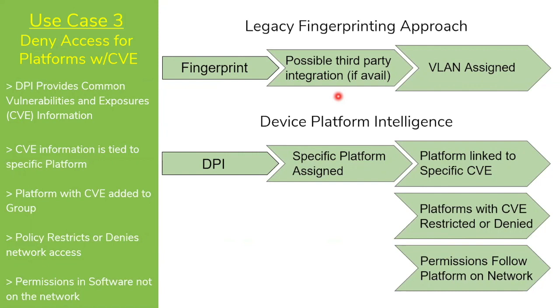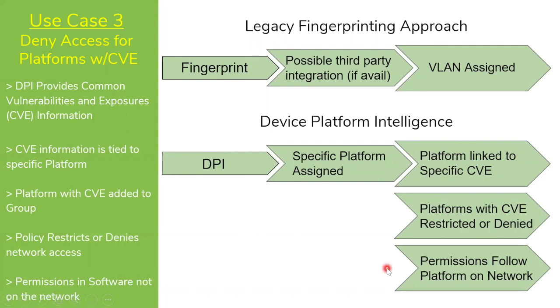With DPI, because we actually have that pre-correlated in the DPI database and it's tied to the specific platform, you can group these together. Then you can decide what to do, restrict or deny access, and the permissions are in software, not on the network, so they follow that platform around no matter where it goes.